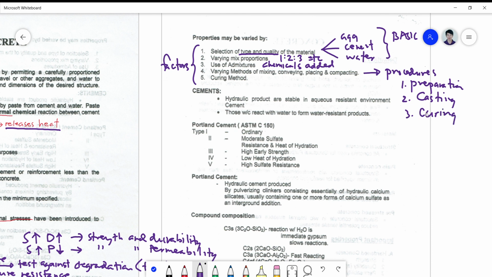Of course, the curing procedure here is already included in four and five. So the last is the curing method.